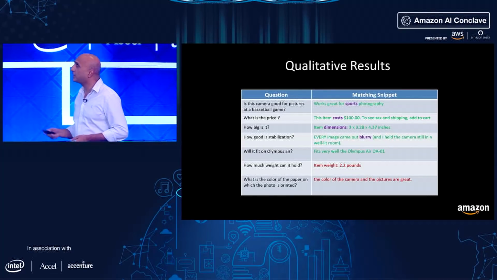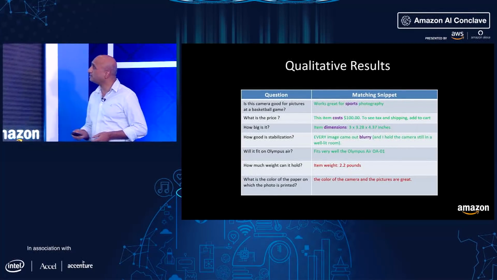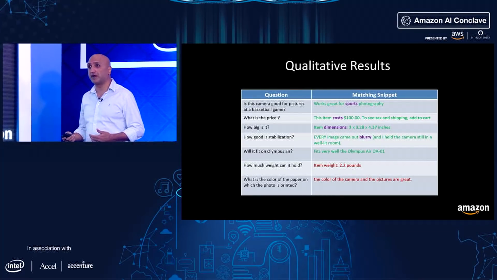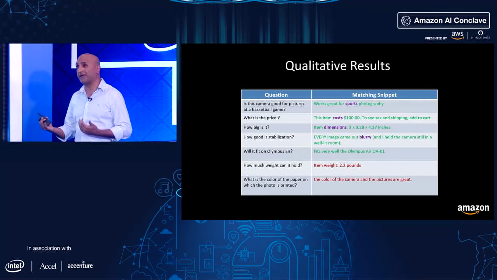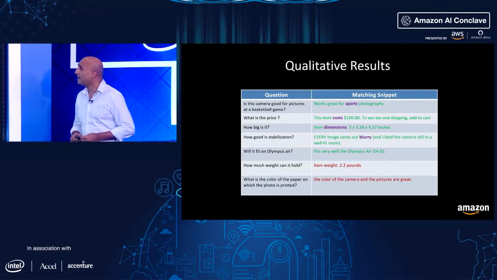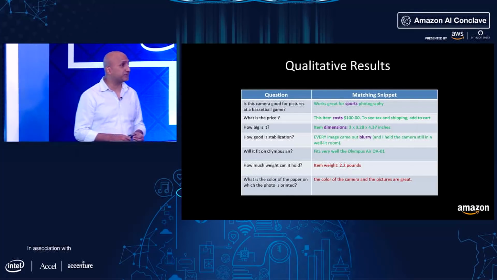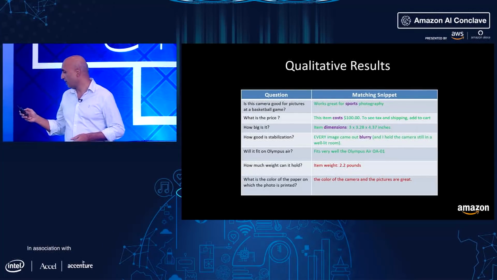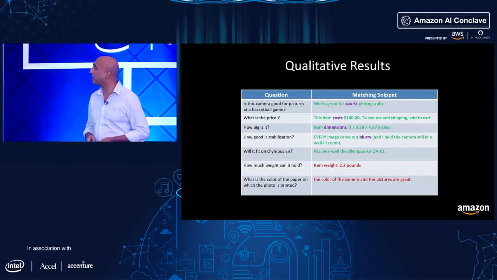And here are some qualitative results for our question answering system. You can see for the first 4 questions, the answers we return are semantically matching. There may not be text matching. So for example, our question answering system figures out that the keyword basketball is semantically related to the word sports that we've returned in the snippet.